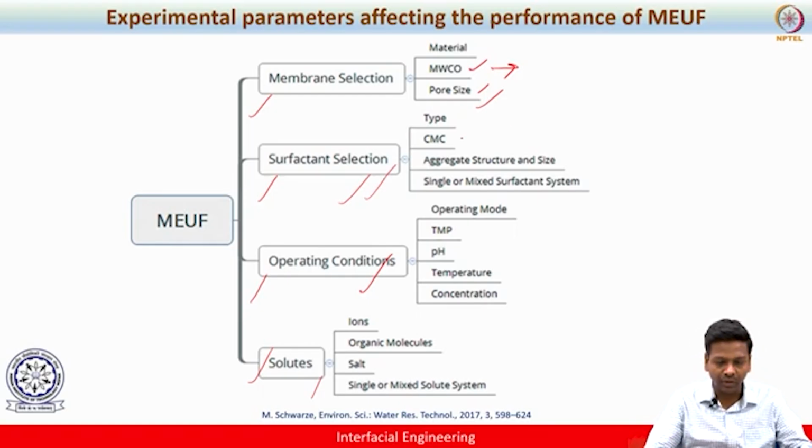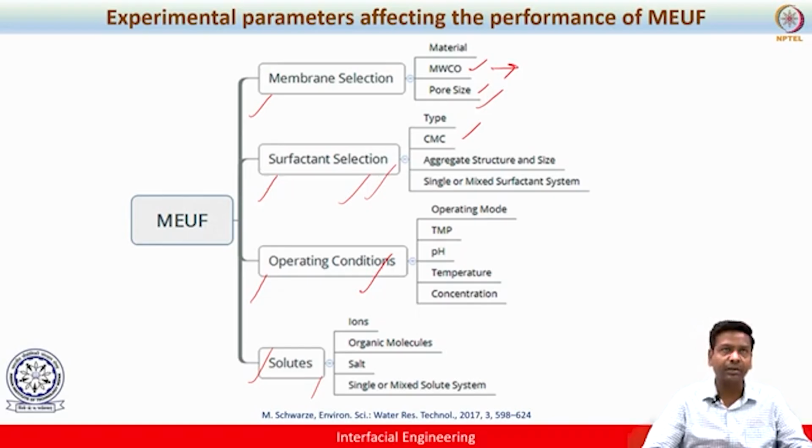Next comes the surfactant solution. Here, as you know, CMC plays a very crucial role. Generally we should choose a surfactant for which the CMC is minimal, so that you don't end up consuming too much surfactant.